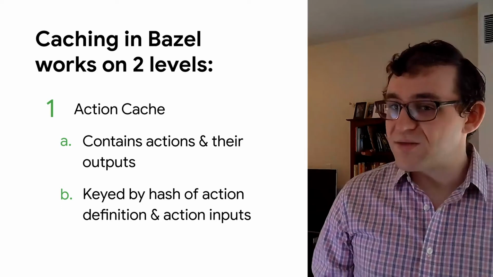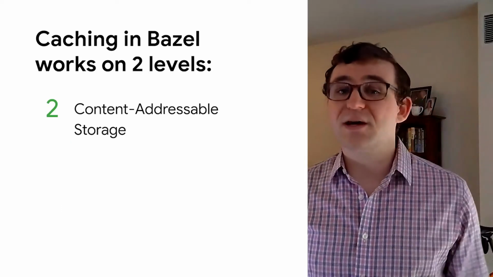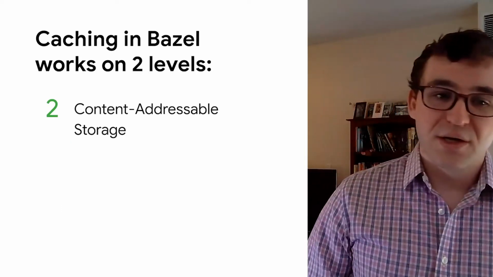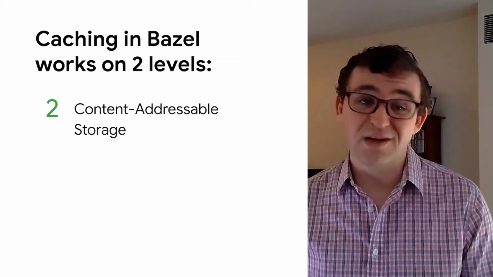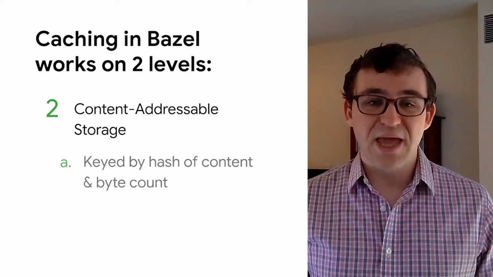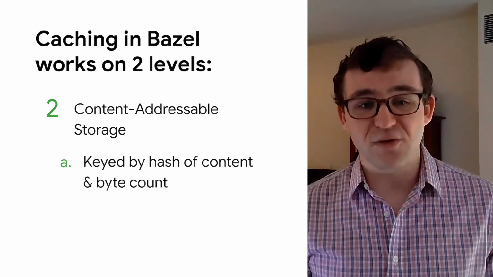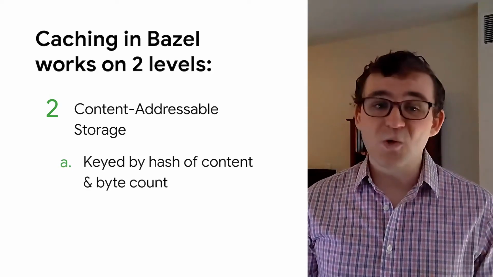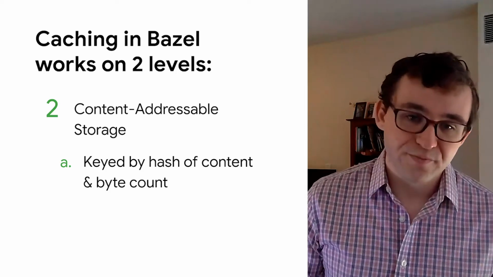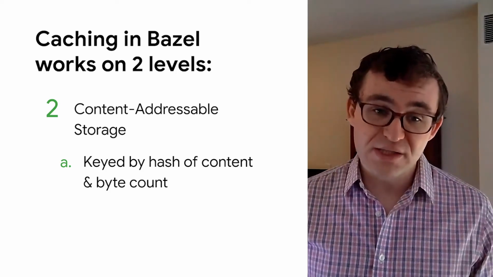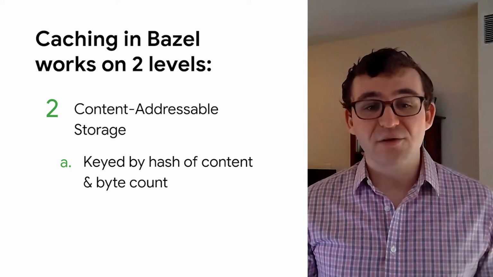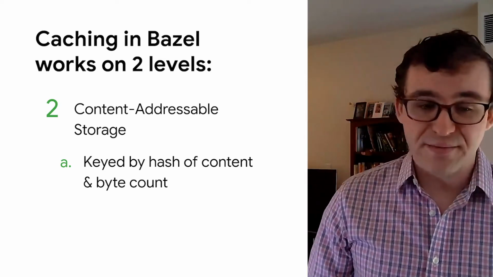Where are you going to look those outputs up? In the content addressable storage. The CAS is much simpler. It's called content addressable because the cache key for each object is derived, you guessed it, solely from its content. And this helps make it resilient to hash collisions, and it also makes integrity verification really easy.